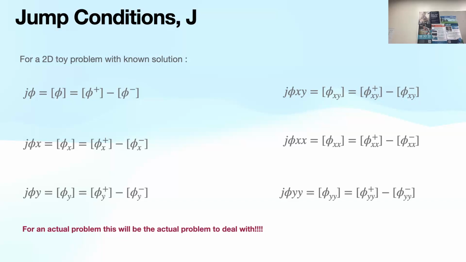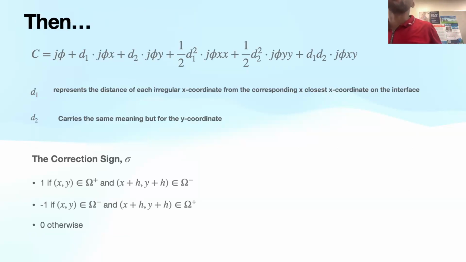Now, because we are dealing with a 2D problem, we want to get the jumps in the first derivative, the jumps in the second derivative, u xx, call it phi xx, or u xy. These are the definitions that we have. Having those and knowing the distance of every interface point from the closest point, we can define the Taylor series expansion that we want to use to correct our numerical solution.